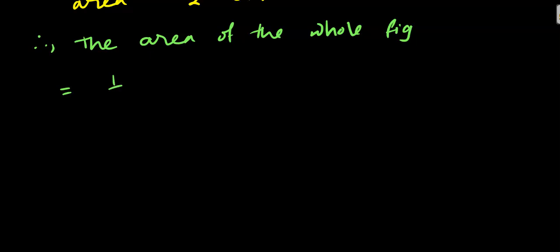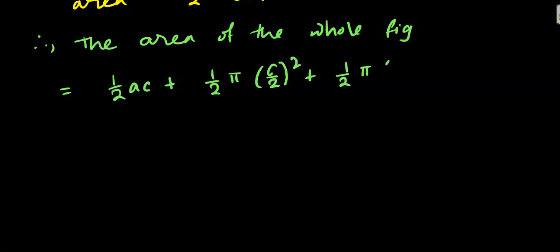Therefore, the area of the whole figure is equal to half AC, that is the area of the triangle, plus half pi (C by 2) whole square plus half pi (A by 2) whole square.